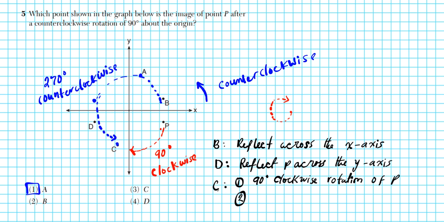So another way to get to point C from P is by a 270 degrees counterclockwise rotation of point P.